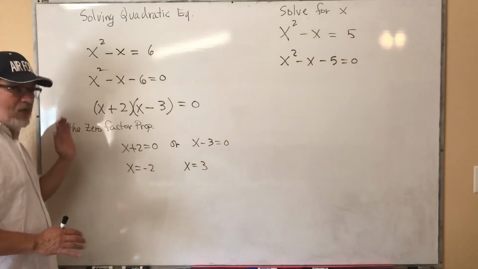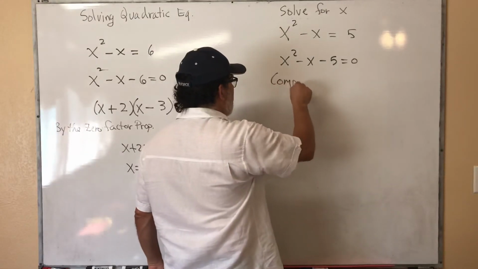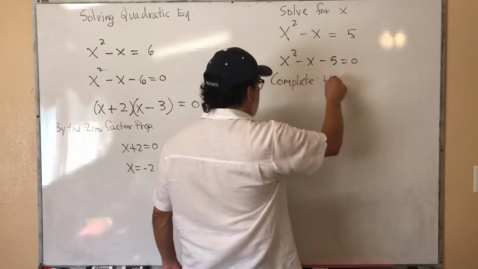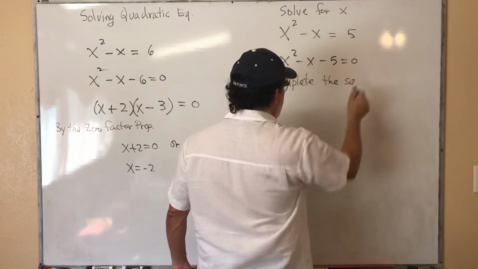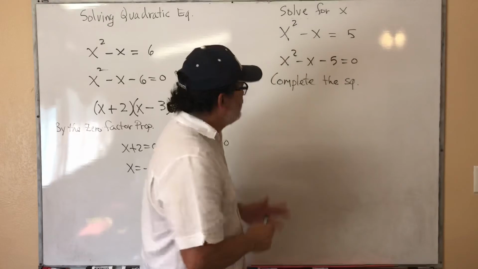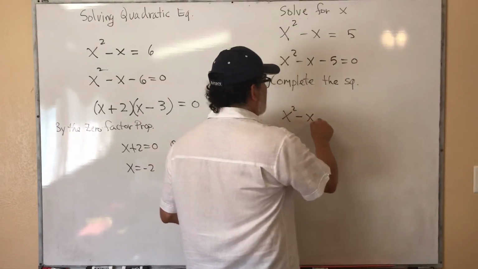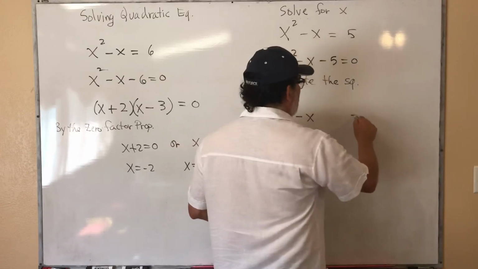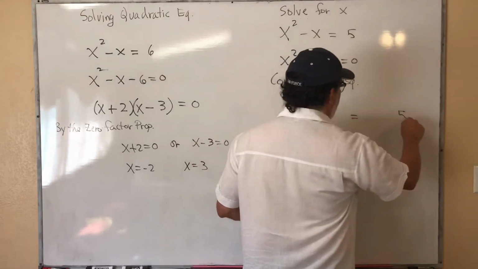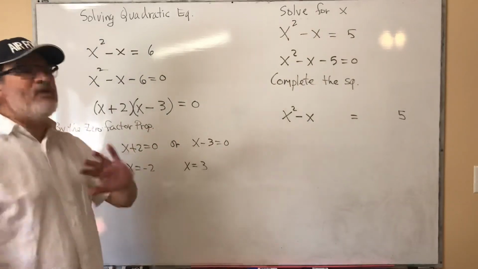So I'm going to push this back on the other side. Okay, no problem. So x squared minus x, push it to that side, equals 5. There you go. And I made room.